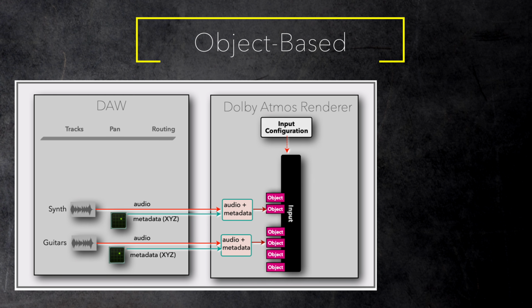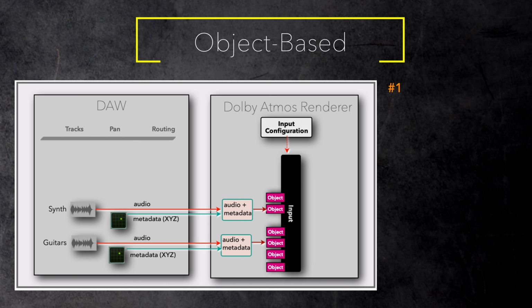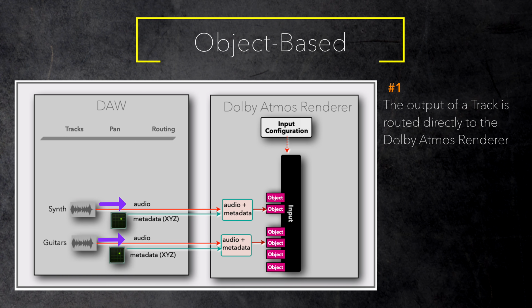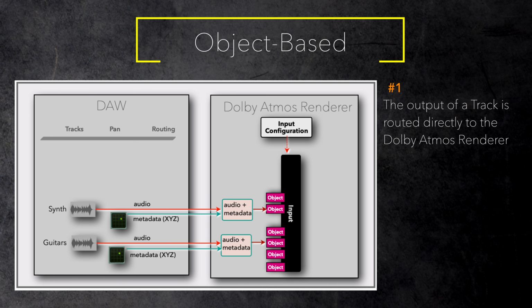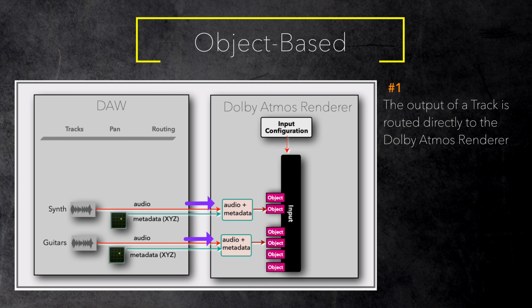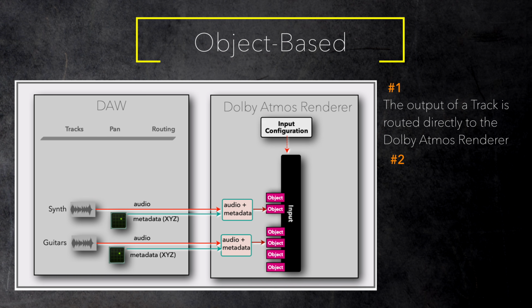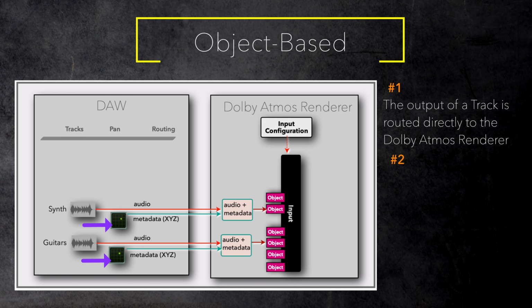There are 3 things you have to understand. Number 1, now the output of each track in your session after inserts and level is routed directly without the pan controls to one of the 128 input channels of the Dolby Atmos renderer. Number 2, the pan control on each track, however, is still working.